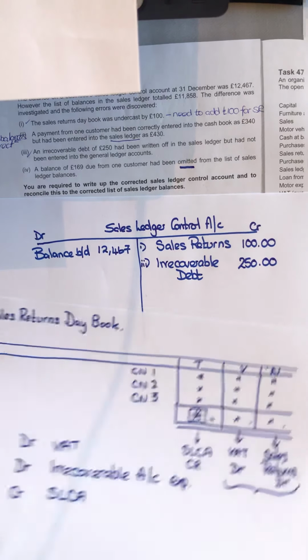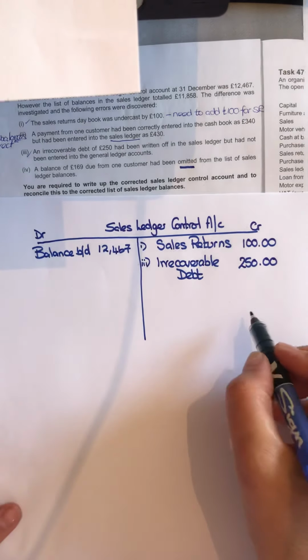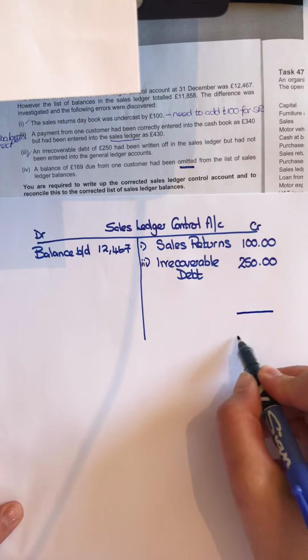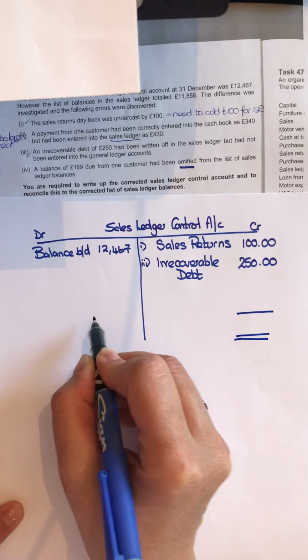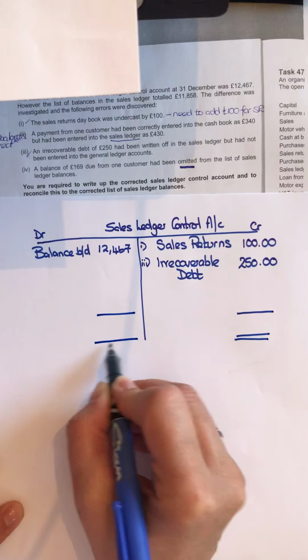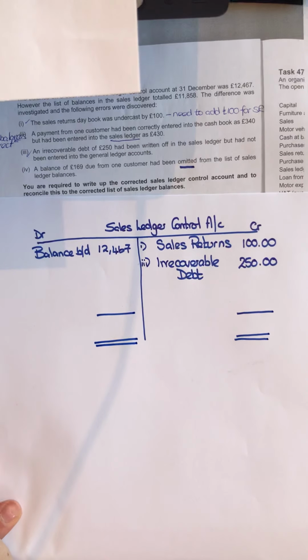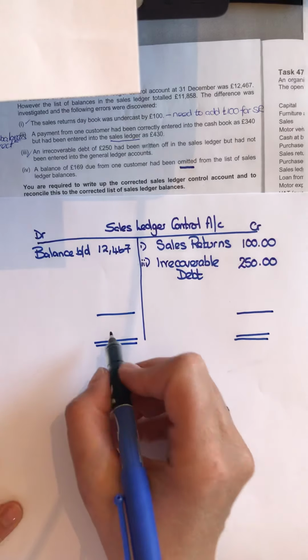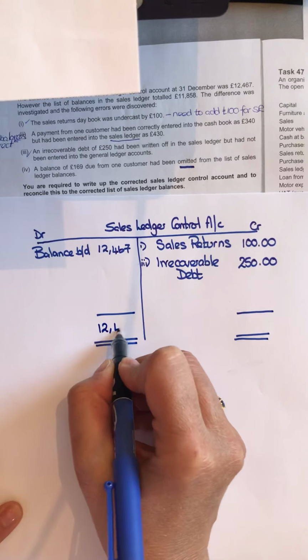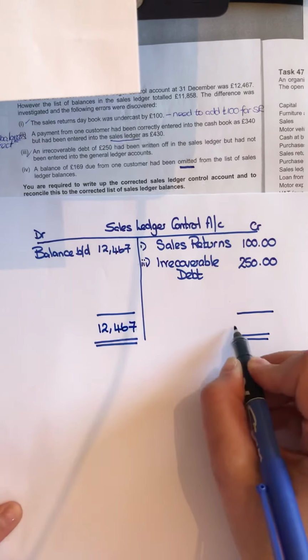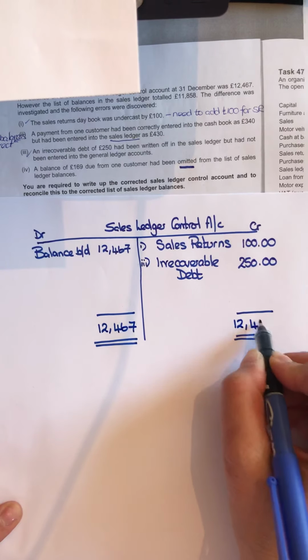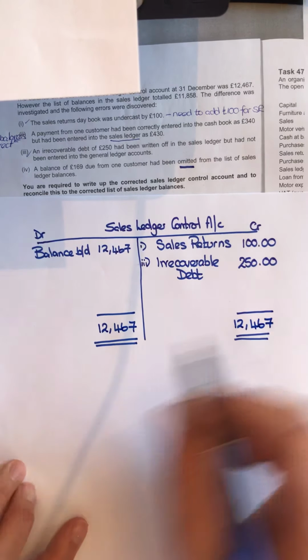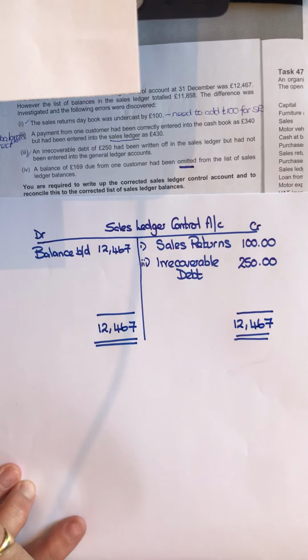So the next thing we need to do is balance this account. So we put our totals boxes level on both the debit and the credit side, and we look to see which side is the highest, and it's our debit side. So we write the balance in on both sides, remembering that everything we do on a debit also has to have a credit somewhere else.